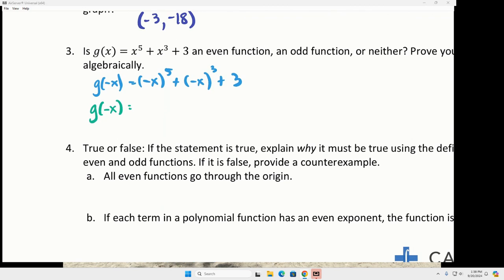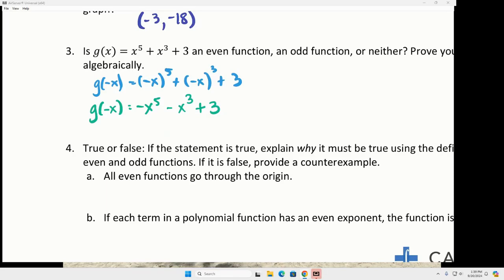So this is odd, so it's going to be negative x to the fifth. This one's also odd, it's going to be negative x to the third. And then the plus 3 just drops down. There's no x to worry with there.